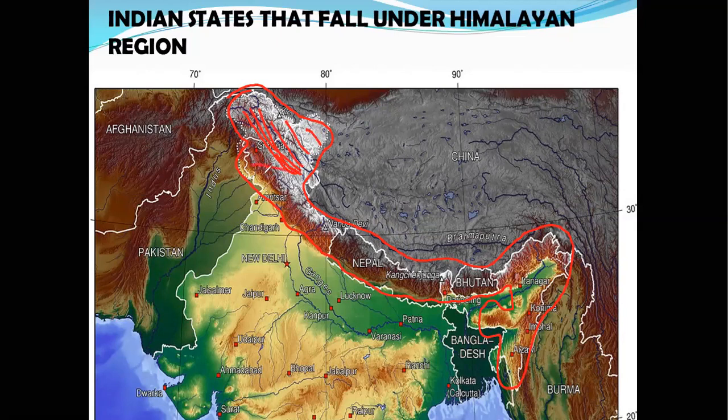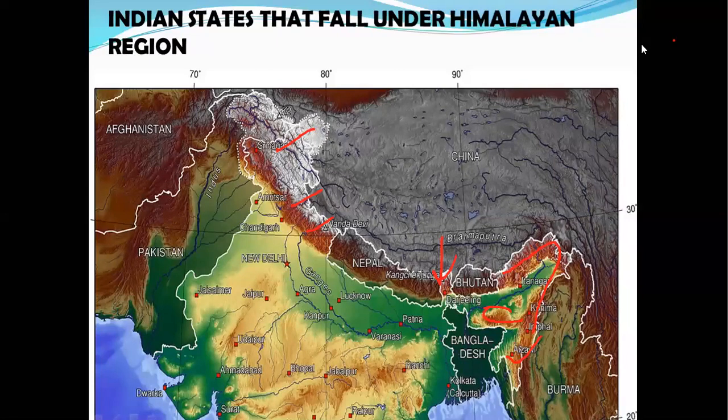These states are Jammu and Kashmir, Himachal Pradesh, Uttarakhand, Sikkim, Arunachal Pradesh, Meghalaya, Mizoram. So these are the states that fall under the Himalayan region.